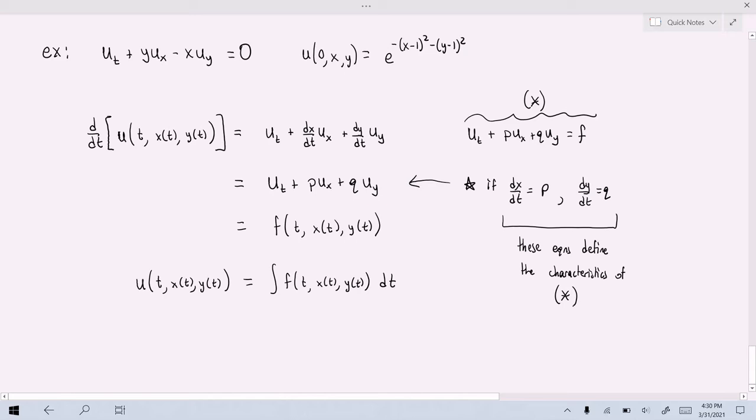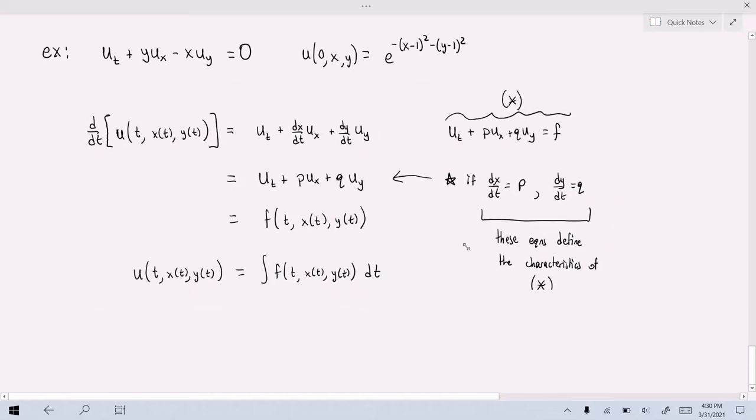All right, so then let's try to apply that to the problem that we have here and see if we can solve it.